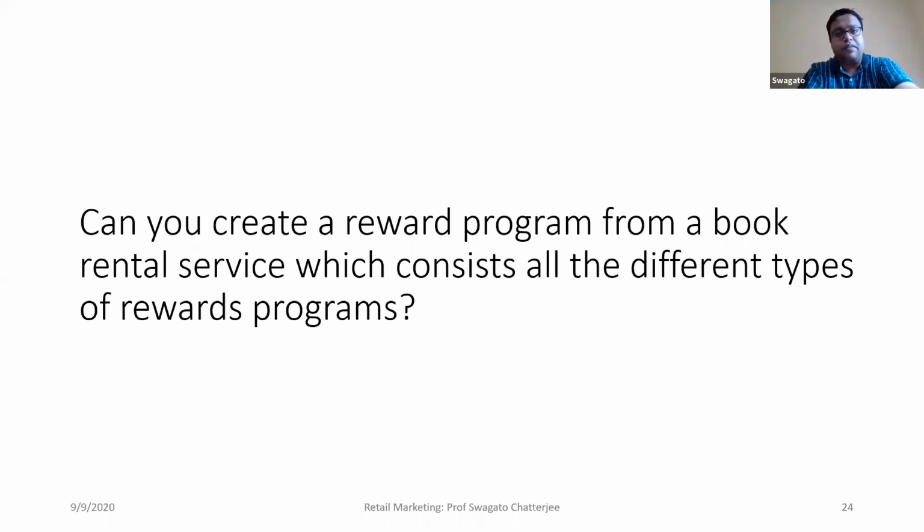Economic reward, functional reward, informational reward, and all these 5 kinds of reward, if you can combine them to create a reward program, and probably various types like 1-star, 3-star, 5-star reward programs, that will be great. So it's a small exercise. Why don't you try to do that?